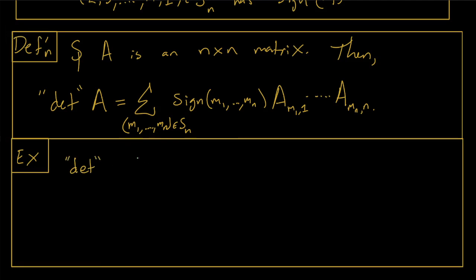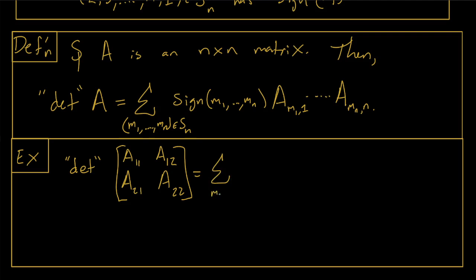The determinant of, say, a11, a12, a21, a22, a general 2 by 2 matrix, is, well, let's just calculate it out. So what are the permutations?